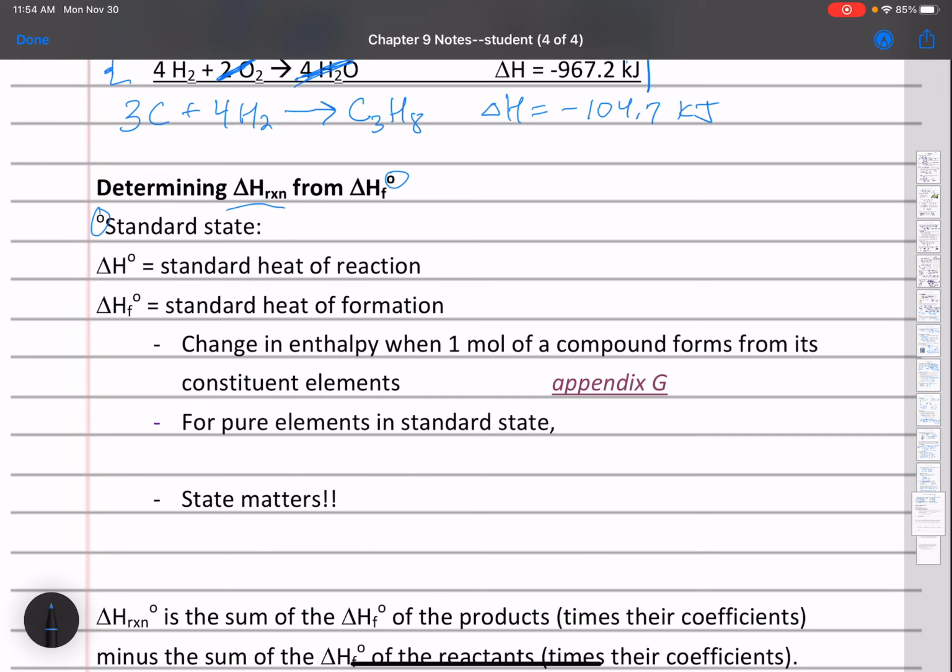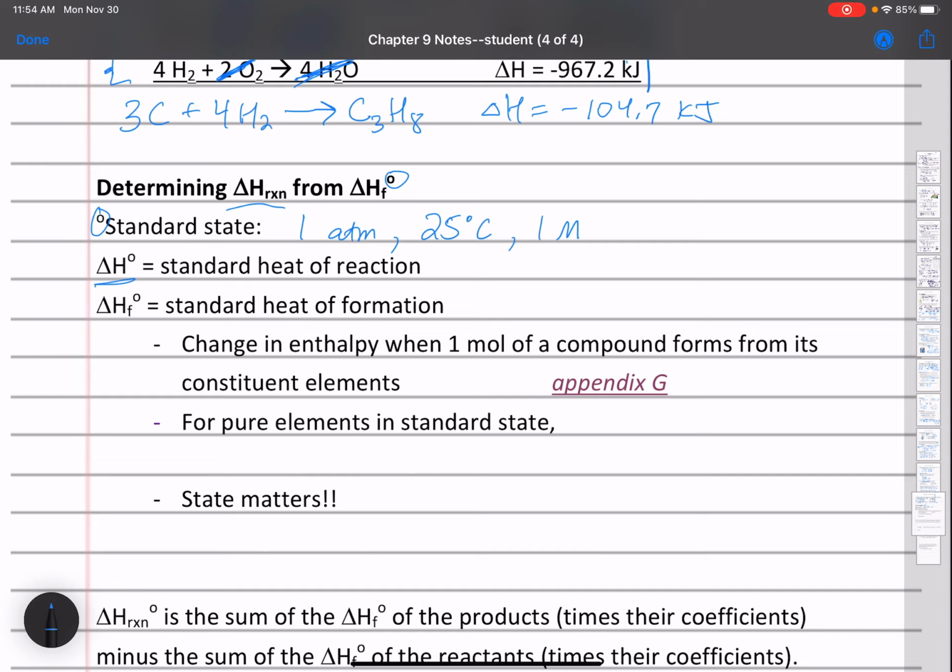Standard state is 1 atmosphere of pressure, 25 degrees Celsius for the temperature, and 1 molar concentration if it's a solution. A lot of enthalpies have been determined for different substances under those standard conditions, and so we call that the standard heat of reaction. And it has that little degree symbol.